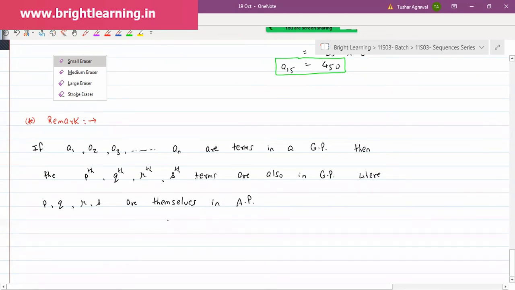Keep this in mind, because we want the Pth term, Qth term, Rth term, Sth term.